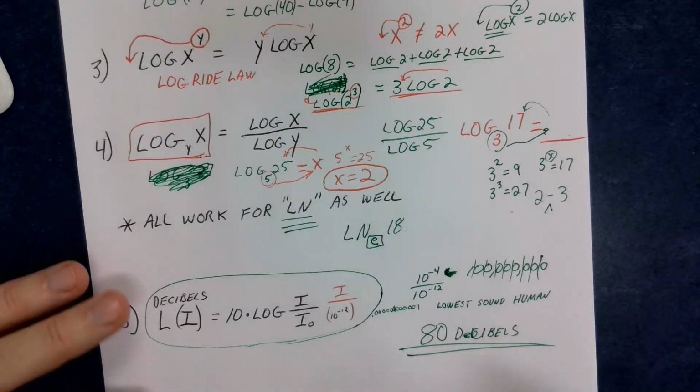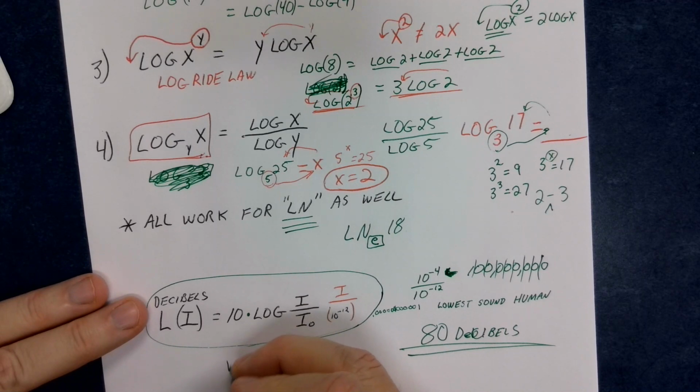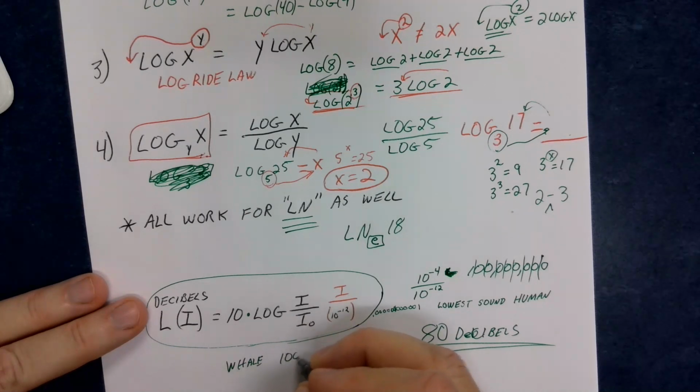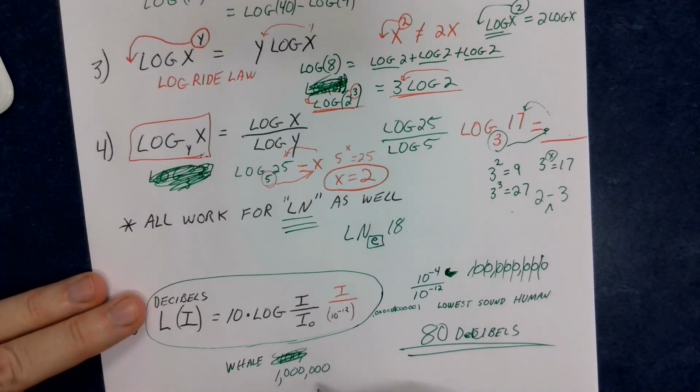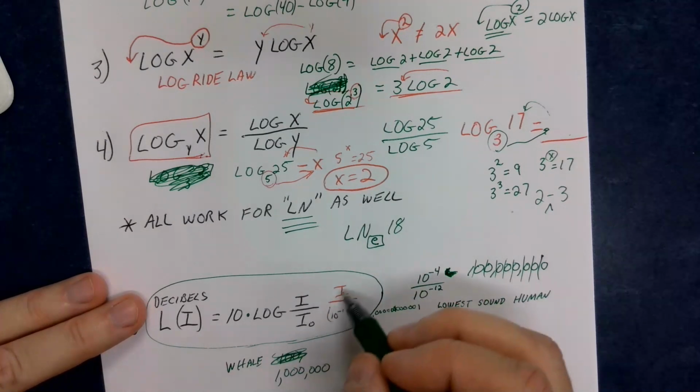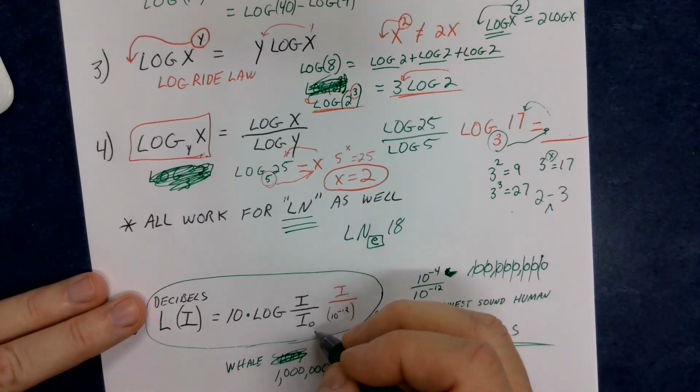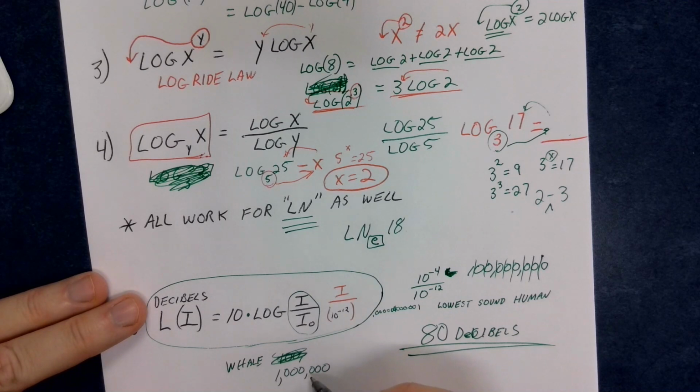Good deal? So there's a question on your homework that says that a whale can make a sound that is, I think, 1,000,000 times louder than what a human can make in terms of sound intensity. So then what would that be equivalent to? Well, we know that this just becomes this.